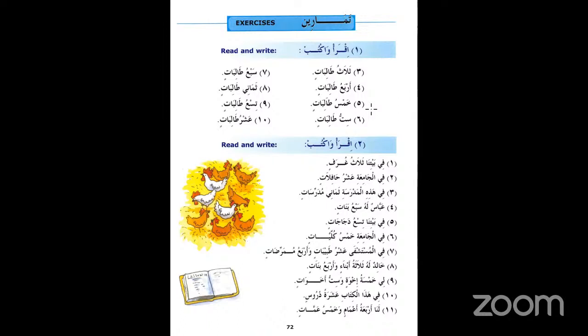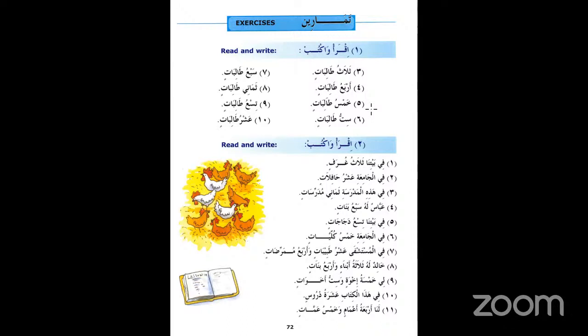The next is khamsu talibatin, 5 feminine students plural. Again, idafa construction, and I will say khamsatu tullabin. Sittu talibatin, 6 feminine plural students. Then I will say sittatu tullabin.